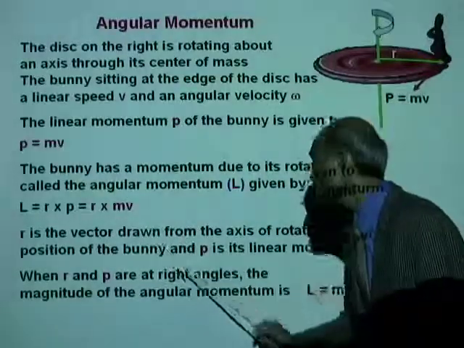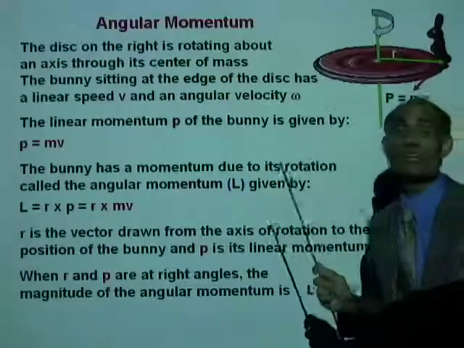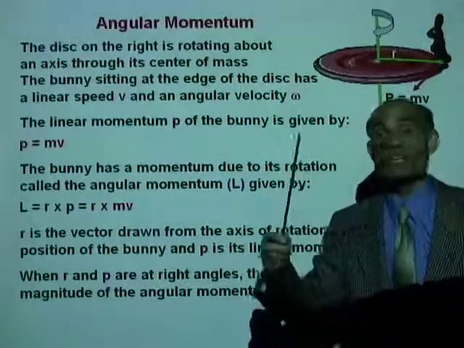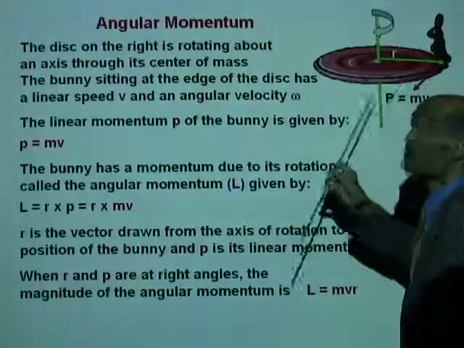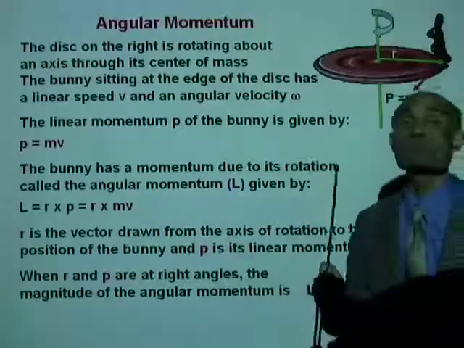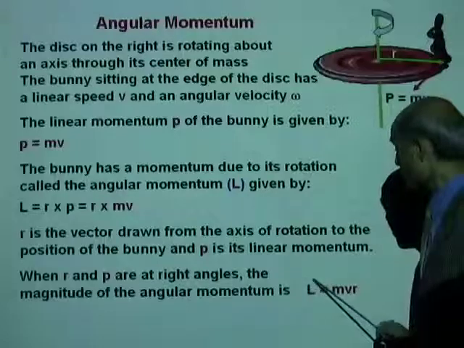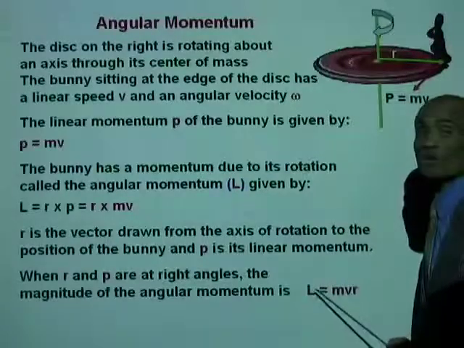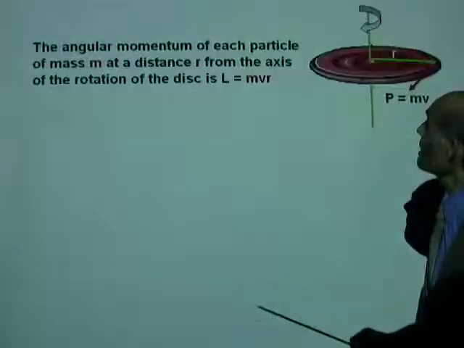And this is the magnitude when the angle between r and mv is 90 degrees. If the angle is other than 90 degrees, then you need to take the component at right angles to r. That will be p sine theta. Well, so the magnitude of the angular momentum is mvr. Okay.